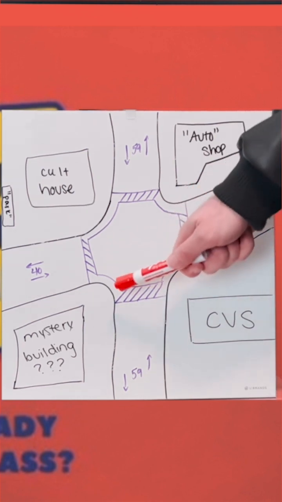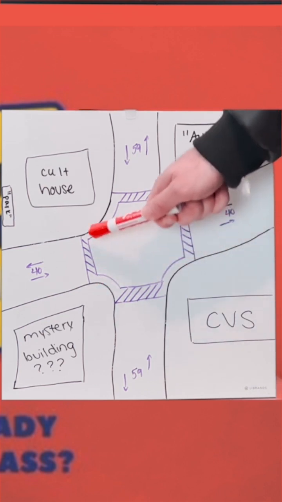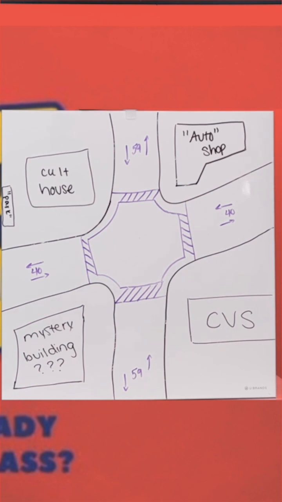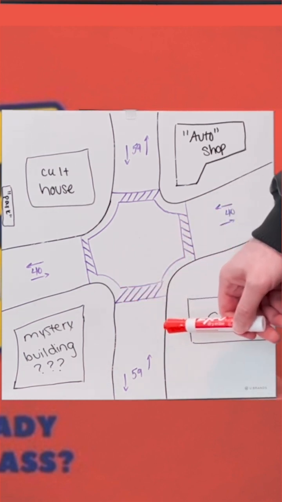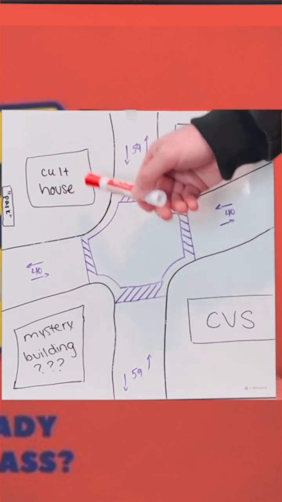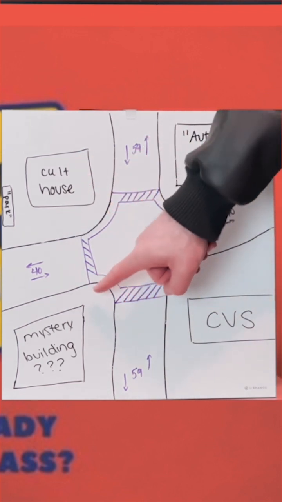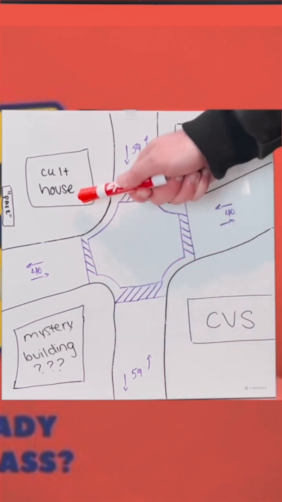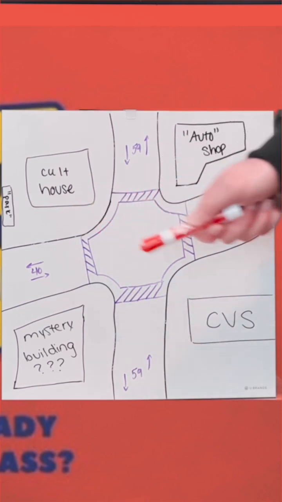Now, you'll notice that these crosswalks are at a 90-degree angle to the road. This is very important. Now, if you were trying to go from, say, this mystery building over to the cult house, obviously from one side of the street to the other, the shortest distance between 2 points is a straight line, which is why this is a 90-degree angle with the road.